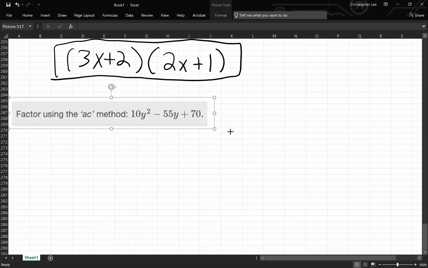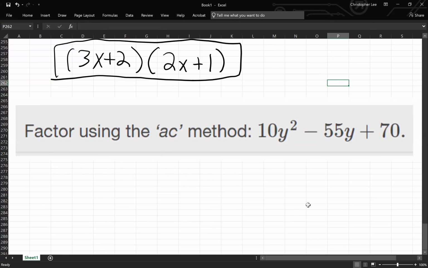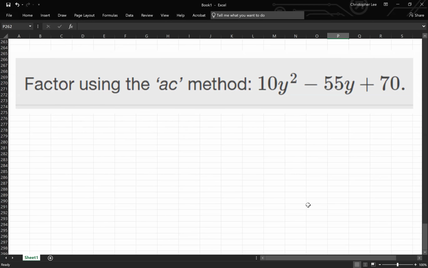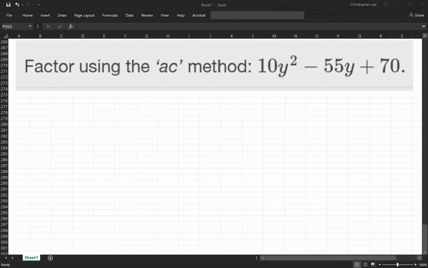All right, try this out. Remember what you're supposed to do before you start the problem. What are you always supposed to look for first?